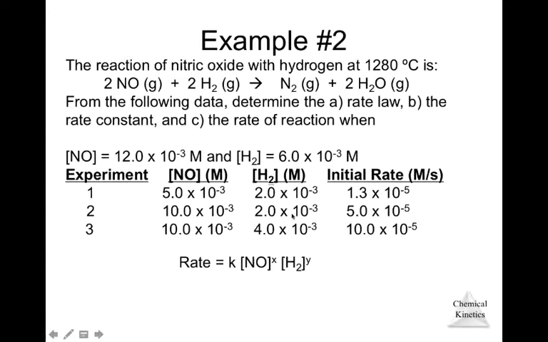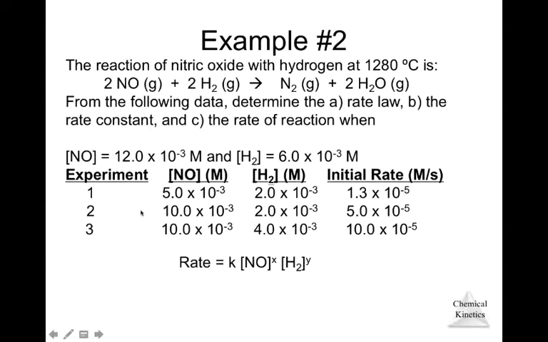So this is going to give us some information about our x variable. As we doubled our initial concentration, what happened to our initial rate? Well, 1.3 to 5, not quite a quadruple, it's a 3.8x, but we're going to call it a quadruple. So that tells us if we're doubling this and we're quadrupling this, that means it's a second order reaction, so our x is going to be 2.